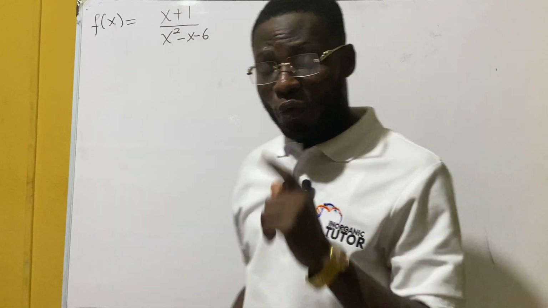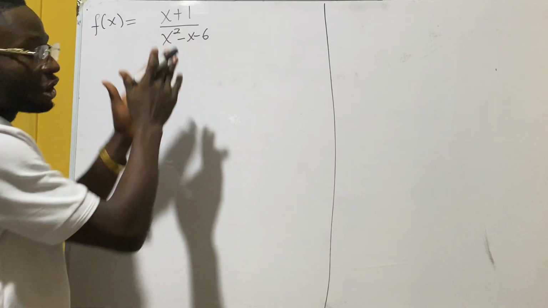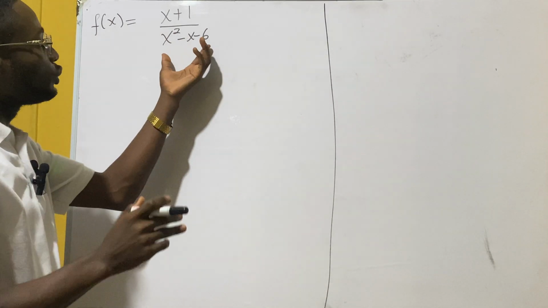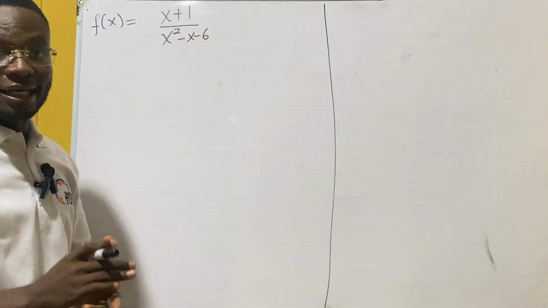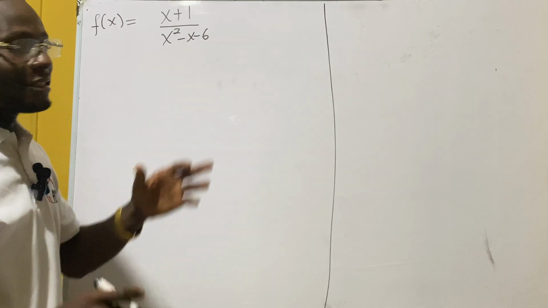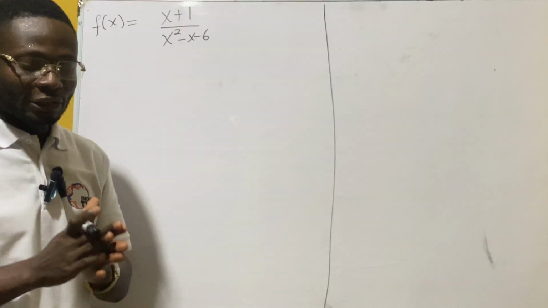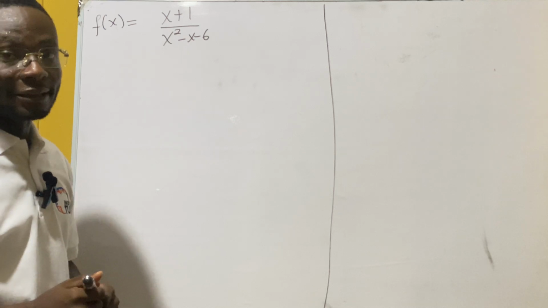Okay, so right from here, what we do is that we check the possible elements that can be used to factor this x squared minus x minus 6. Looking at this, the first elements that will suit this are x minus 3 and x plus 2.